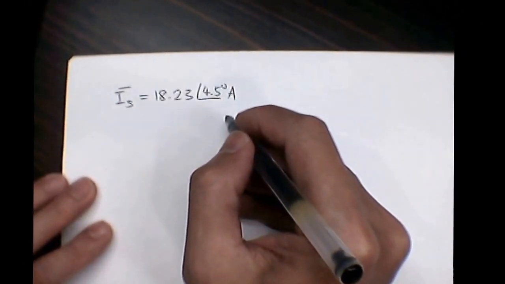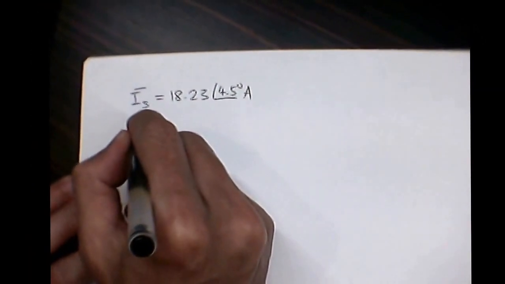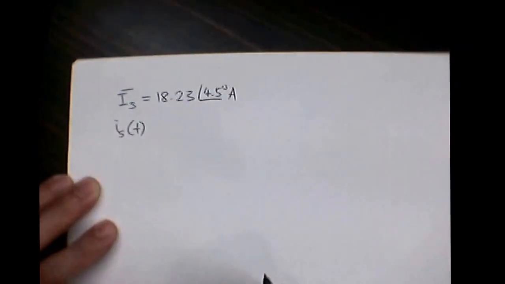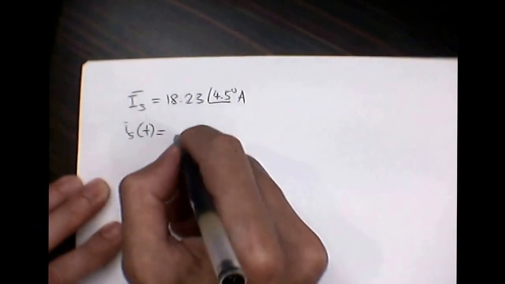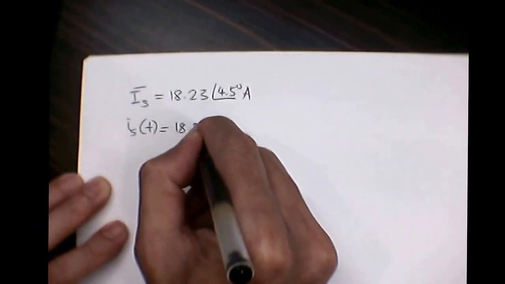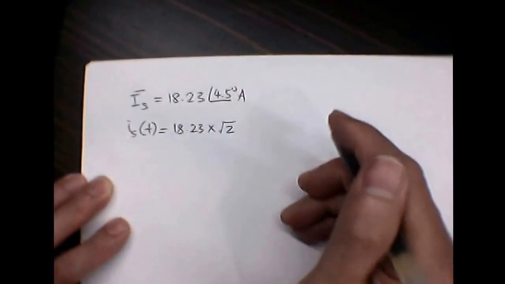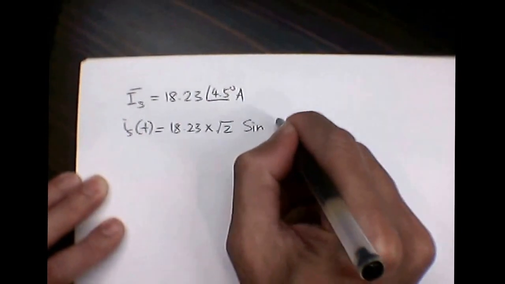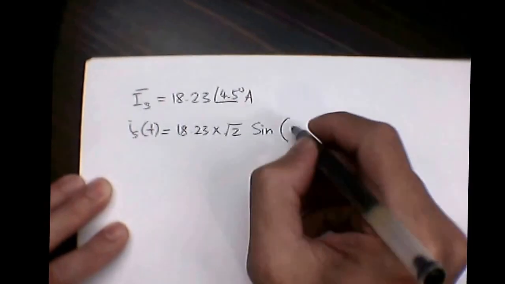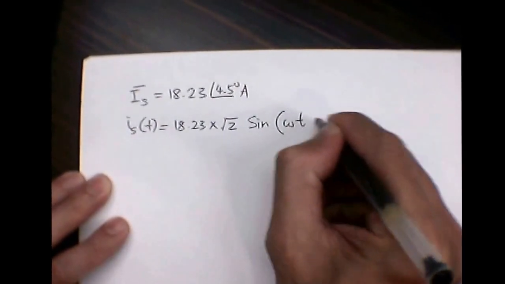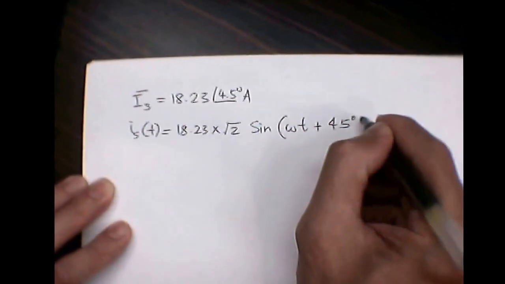We next convert it back to the sinusoidal expression, which becomes Is(t) equals, now we need the peak value. The peak value is the RMS value, 18.23, times root 2, to convert it back to the peak value, sine of omega t plus a phase angle of 4.5 degrees.